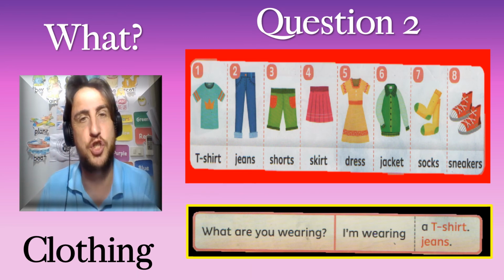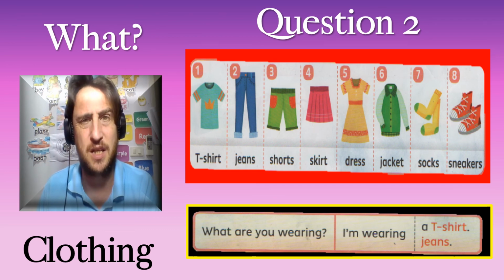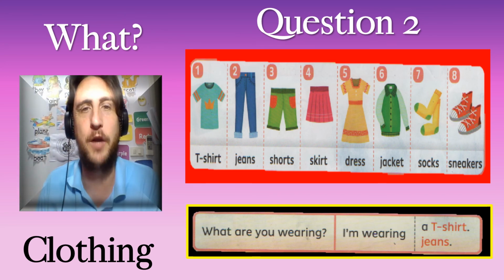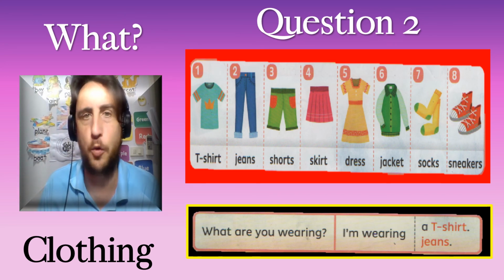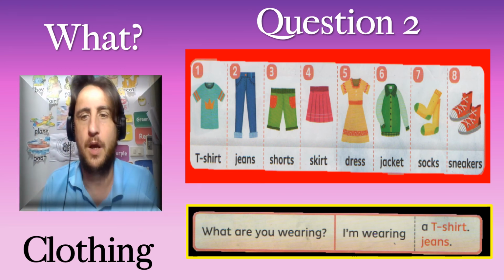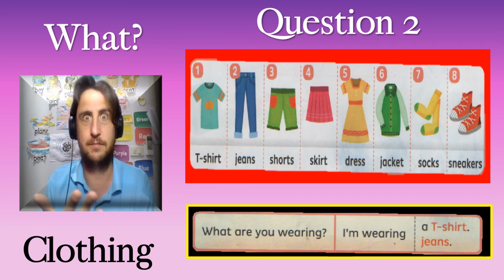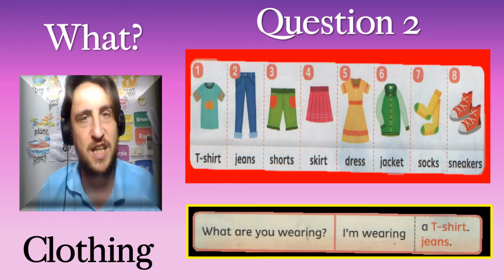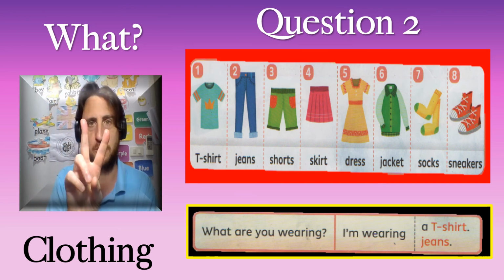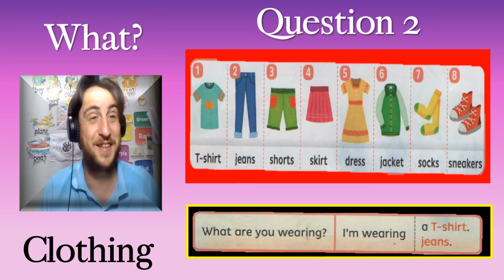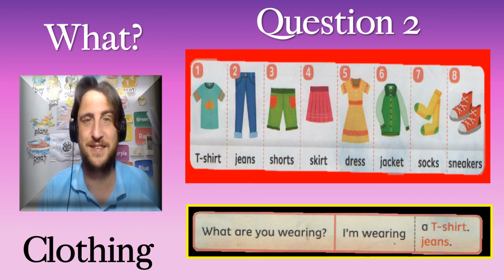I'm wearing jeans, not a jeans. Jeans, 2 legs. I'm wearing shorts, no a. 2 legs, plural noun. I'm wearing socks. Why? Because there's 2. I'm wearing sneakers. Because there's 2. Okay? Right, here is question number 2, unit number 6.